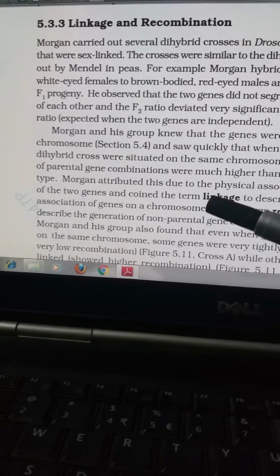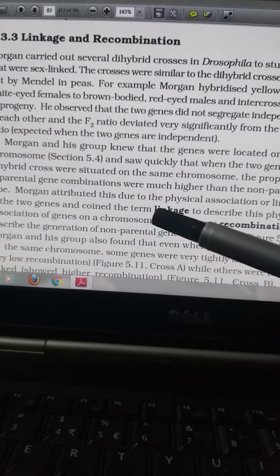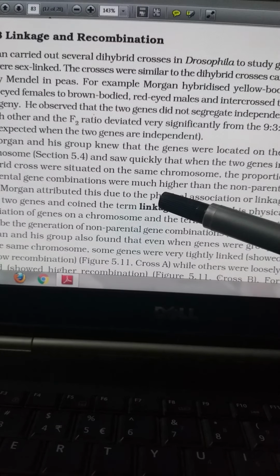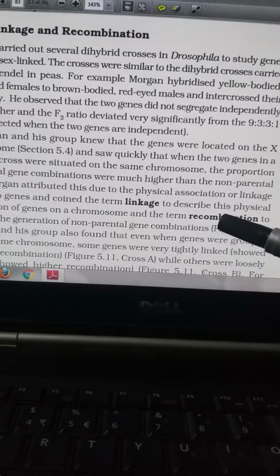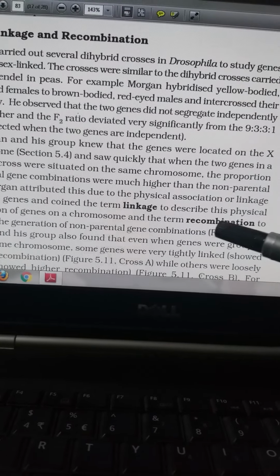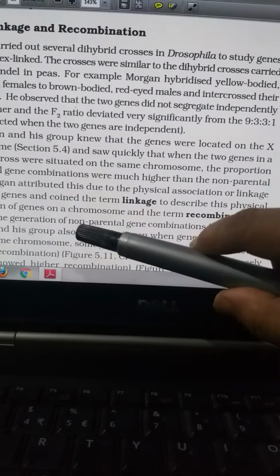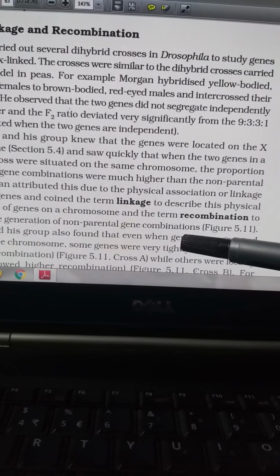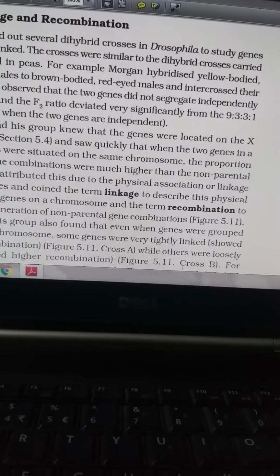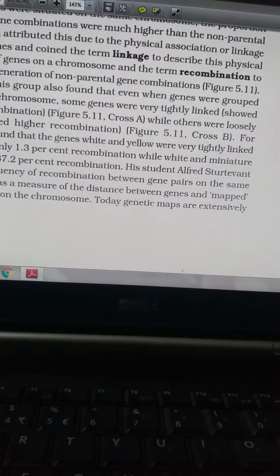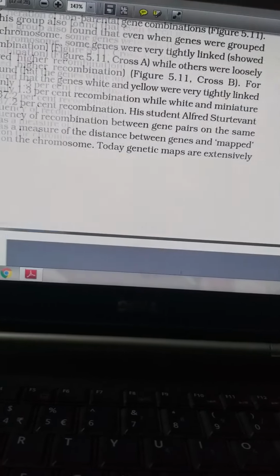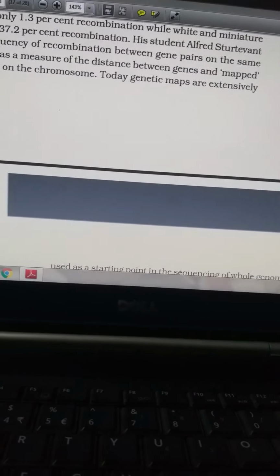That means two different characters are situated on the same chromosome, and those two characters on the same chromosome are known as linked genes. And what is recombination? The term recombination describes the non-parental gene combination. I said that this creates variation in species, and that can be seen through gene mapping, which is known as genetic mapping.